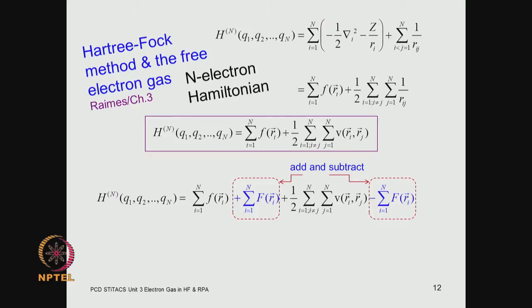Now, F is to be so chosen that it will have most of the 2 electron interaction built into it. It cannot have all of it, but a certain approximation to it which will get as close as possible to the 2 electron term, so that the difference between this term and this term becomes very small, and the smaller it becomes the better it is, because then the first two terms represent most of the Hamiltonian and they are both single particle operators.